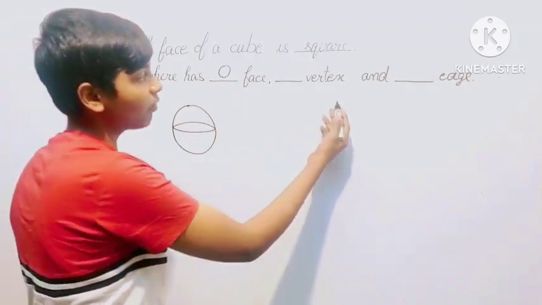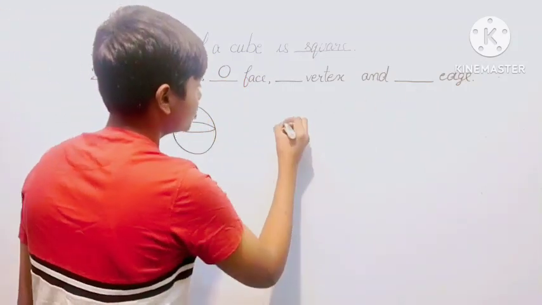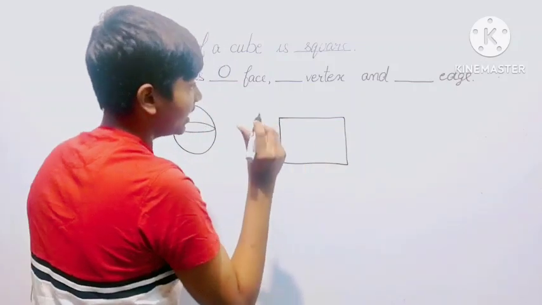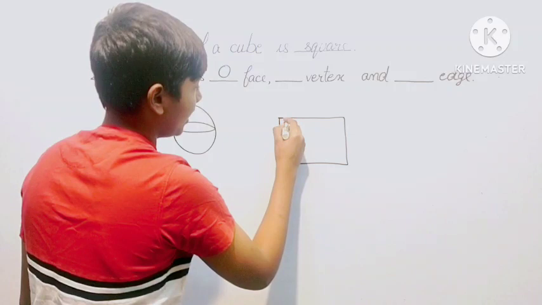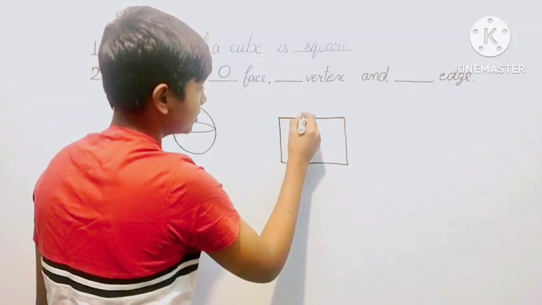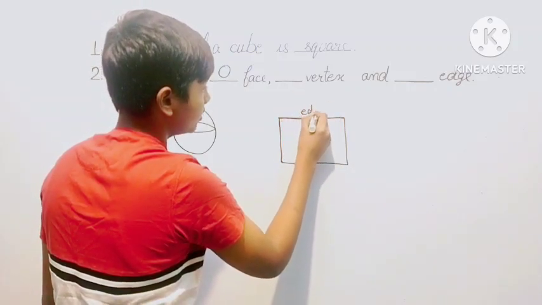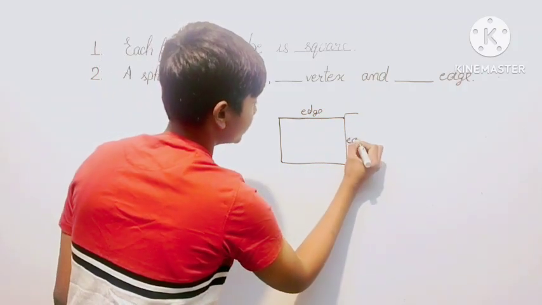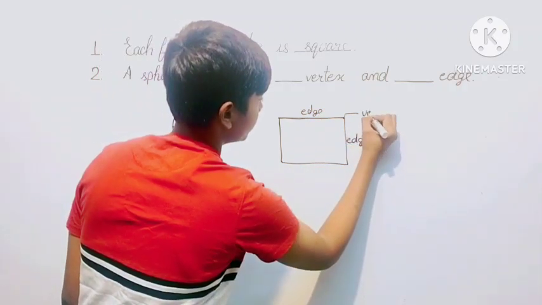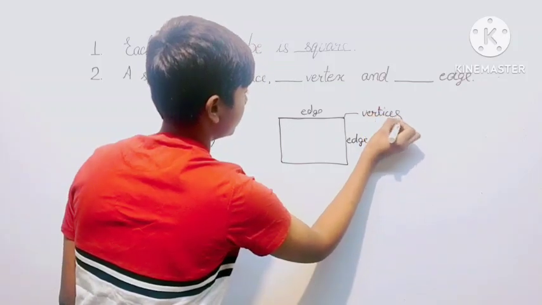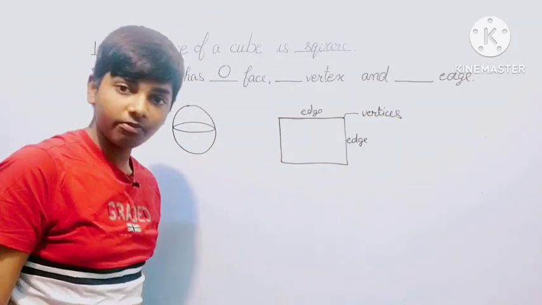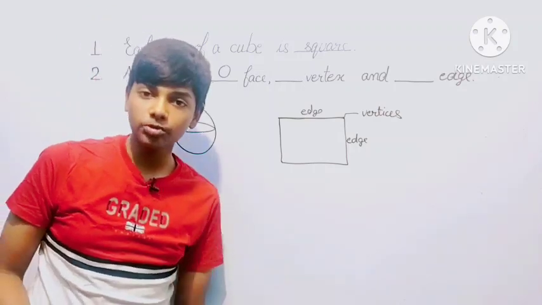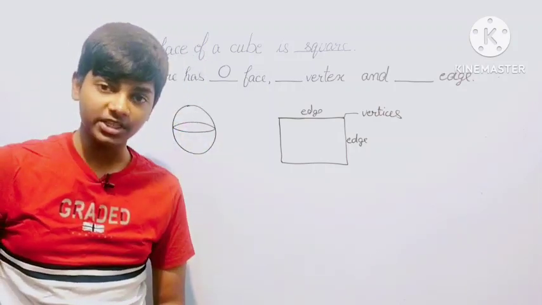And now let's understand what is a vertex and what is an edge. If we take a face or a plane figure, then an edge is a line of the face, so this would be an edge, and vertices are those points where two or more edges meet.